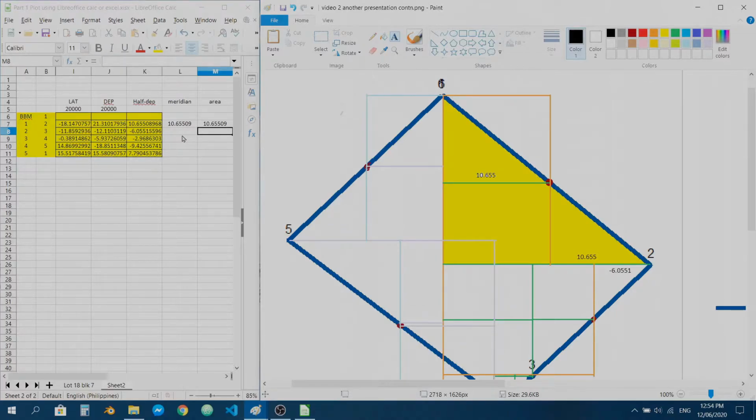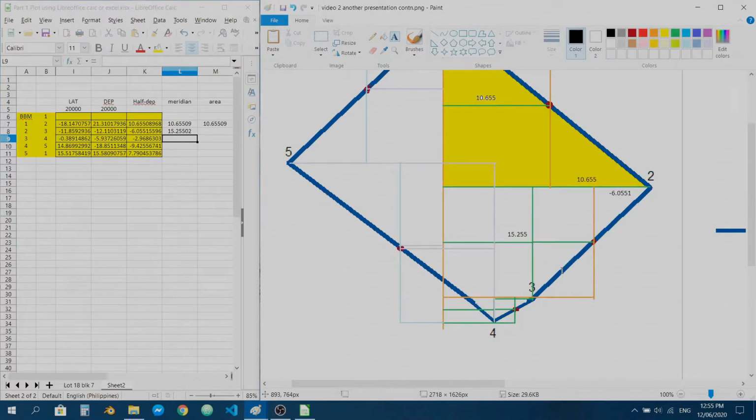Okay, so by doing that, we will see that it is half depth of the previous line plus the meridian of the previous line, which is line 1 to 2, and then we add the half depth of the present line. Why add it? Because it's already in the negative. Okay, so this portion is now 15.